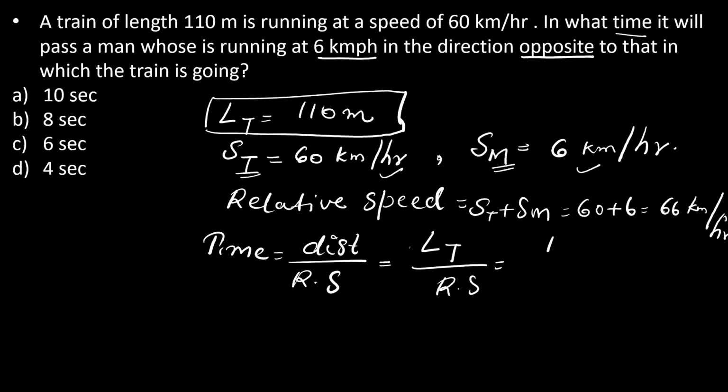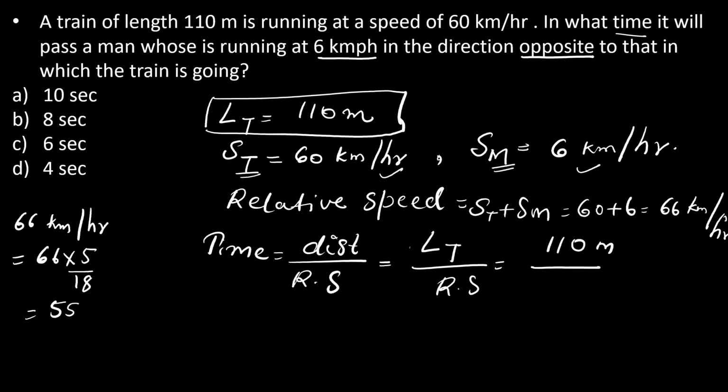Now the length of the train is 110 meters. The relative speed needs to be converted to meters per second, that is 66 km per hour. Converting it, we get 66 into 5 by 18, which is equal to 55 by 3 meters per second.